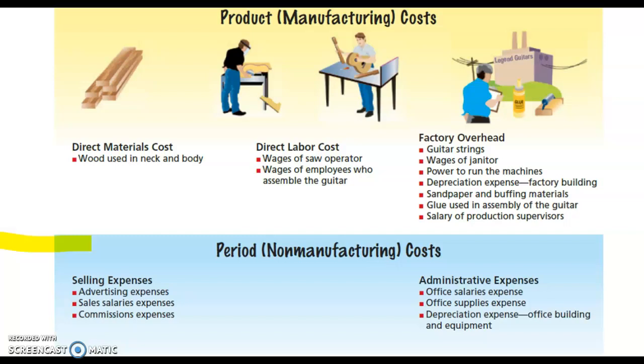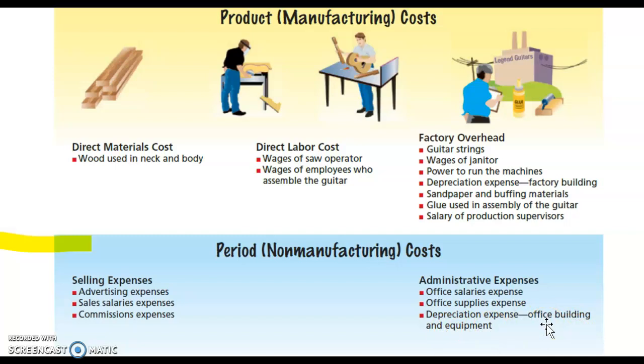Okay, so let's look at the period costs outside the plant here. Selling expenses, advertising expenses, commissions expenses, those are selling expenses. And then admin expenses: office salary expense, office supplies expense, depreciation expense of the office building and the equipment in the office.